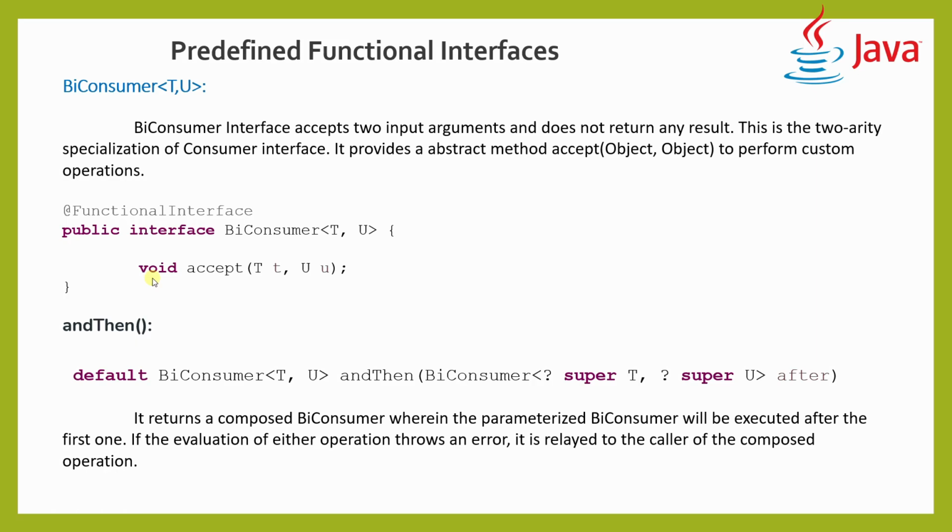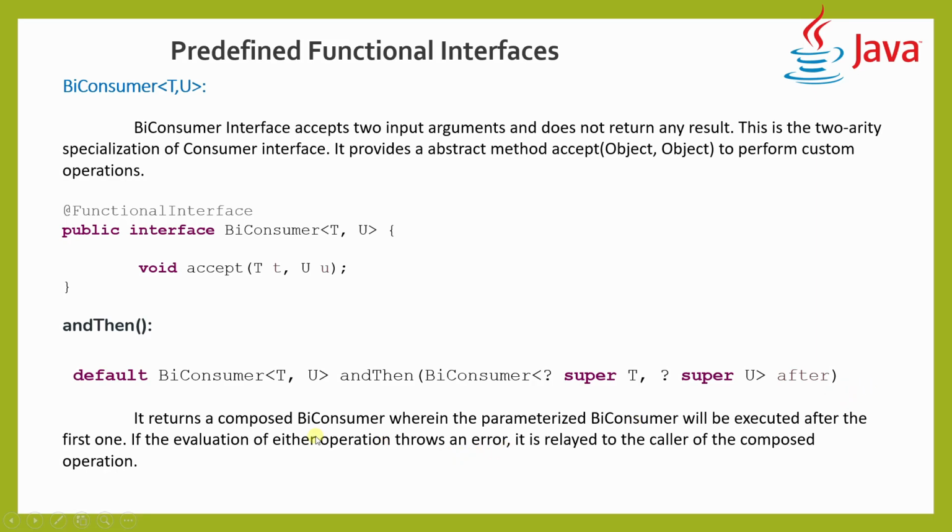As with other interfaces, BiConsumer also supports method chaining, I mean BiConsumer chaining. Here the andThen method is available. This is the syntax: default BiConsumer andThen(BiConsumer of super T, U after).